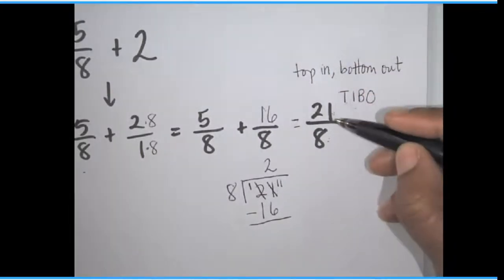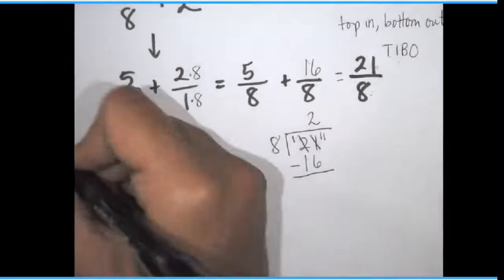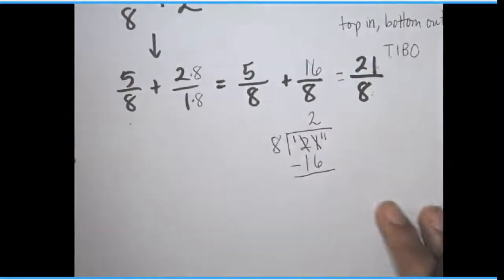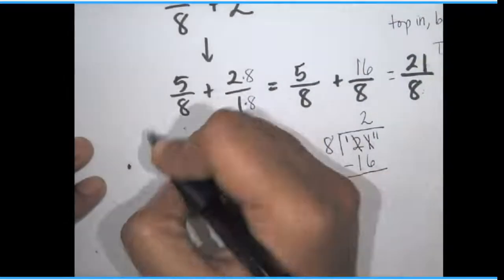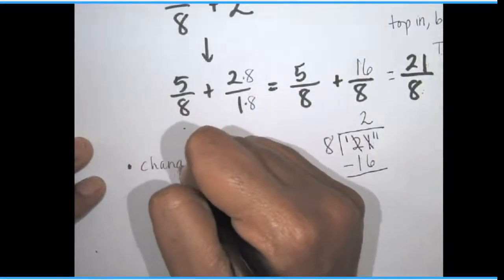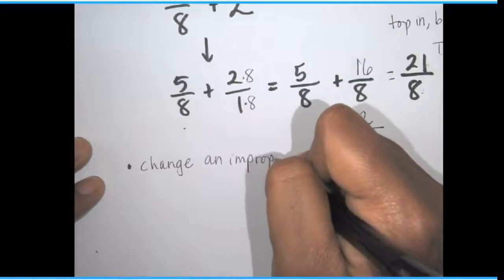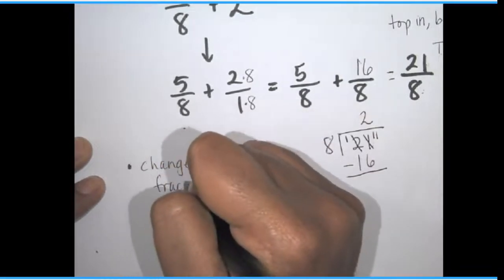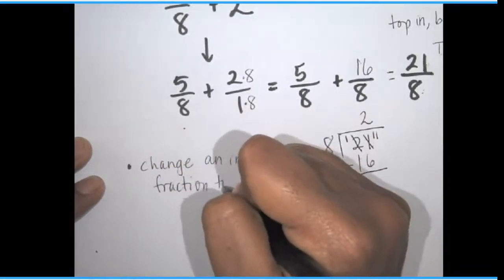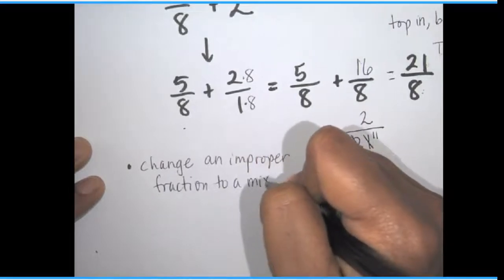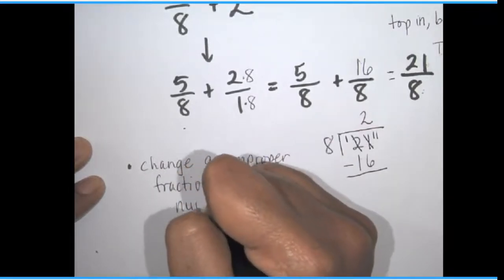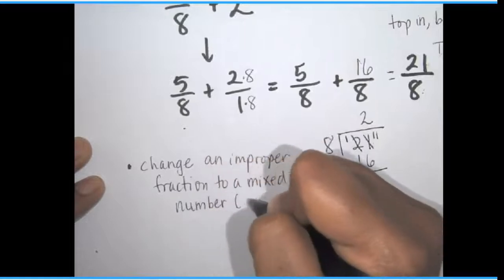So basically, let's just make a note real quick. In order to change an improper fraction to a mixed number, you have to do division.